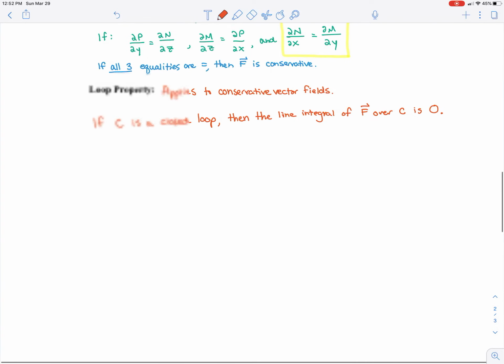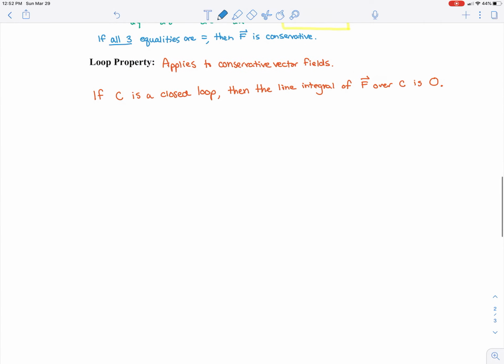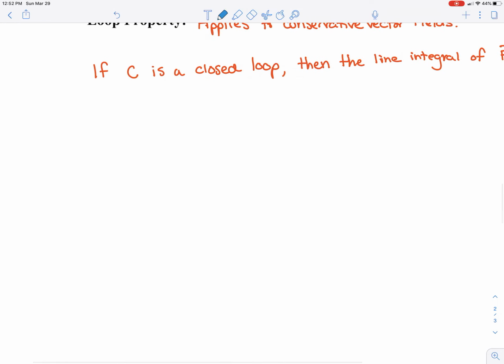And let's write that out in mathematical terms. So the mathematical notation for that would be that the line integral over a closed curve C, so it forms a loop, of a conservative vector field will always be 0.